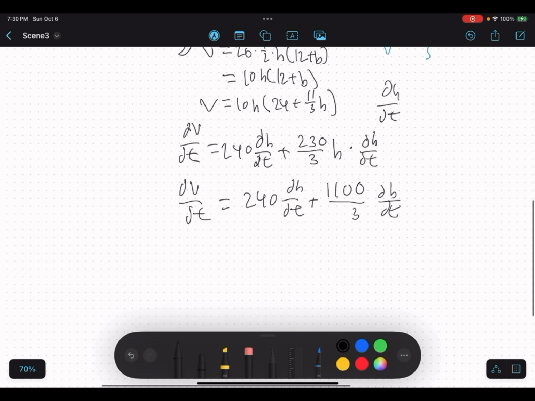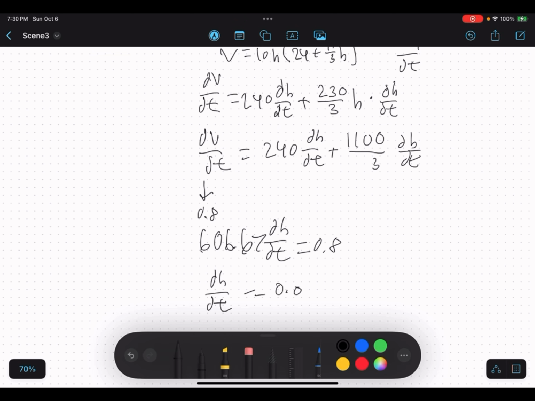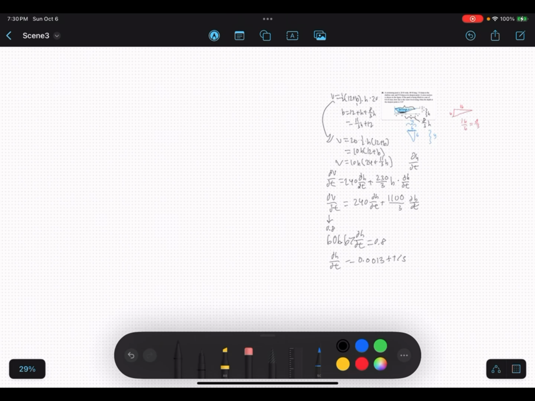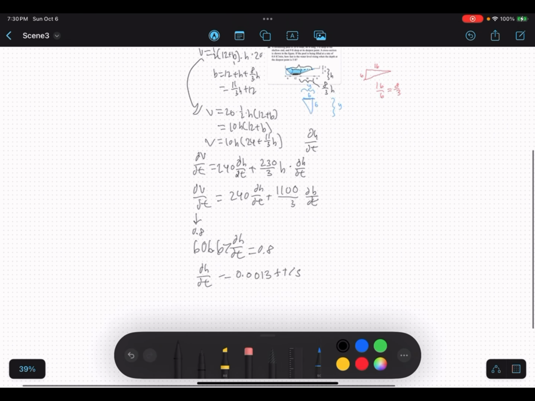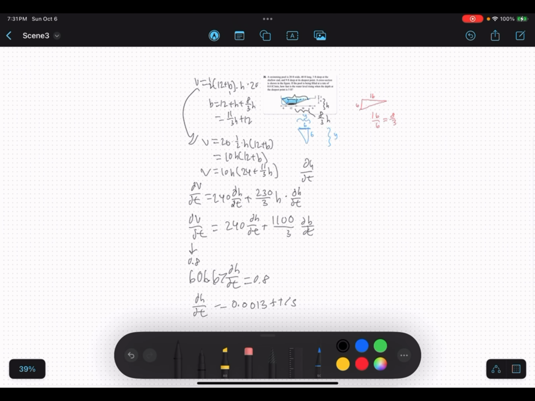So we know this is also 0.8. So we have... and that is our answer. Alright. Take a moment to look at this, digest it, and let's move on to the next one.